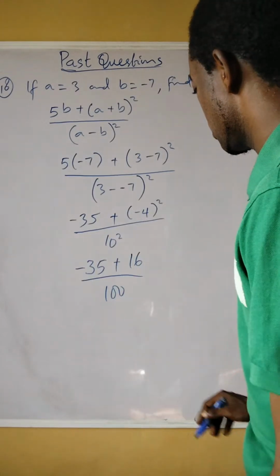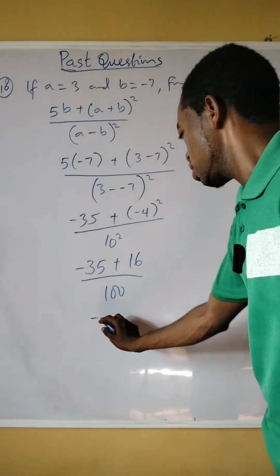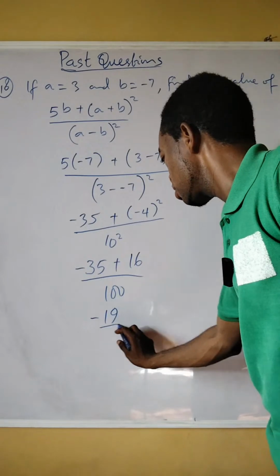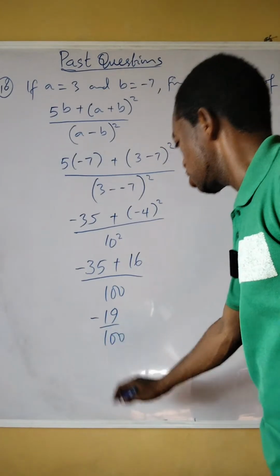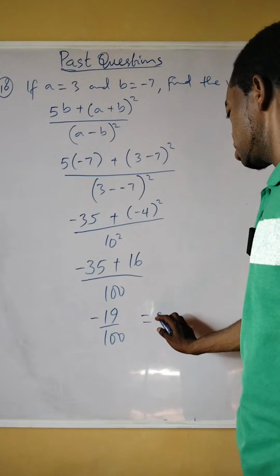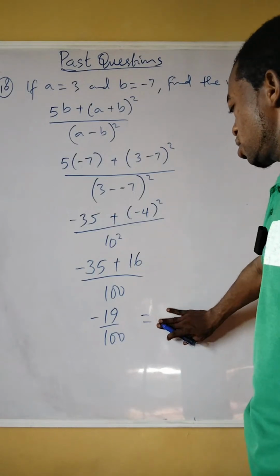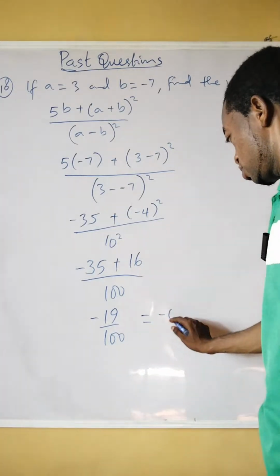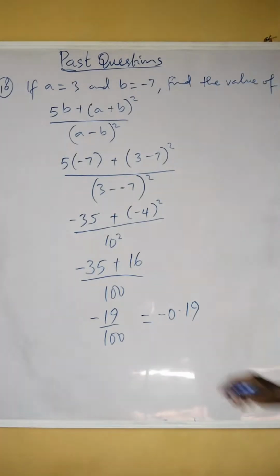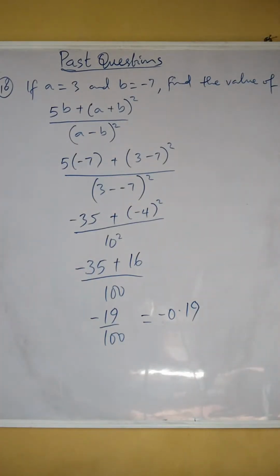The minus 35 plus 16 gives us minus 19 over 100, which we can write in decimal as minus 0.19. So that is that for question number 10.